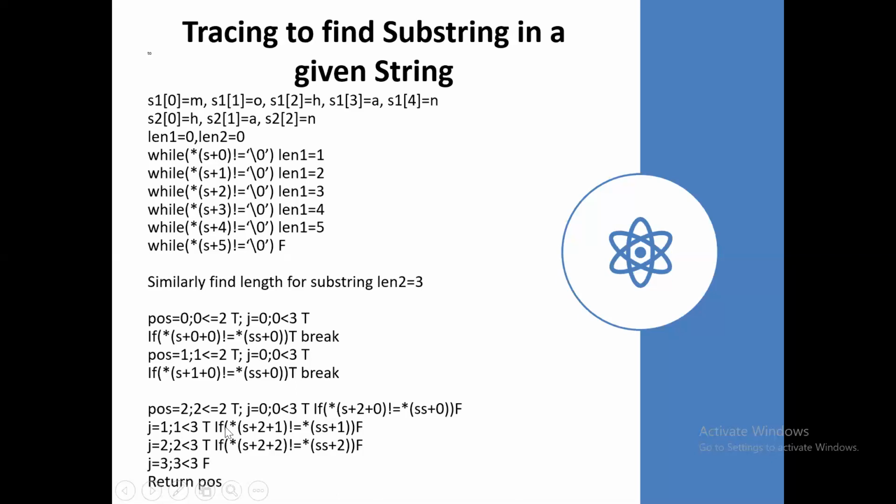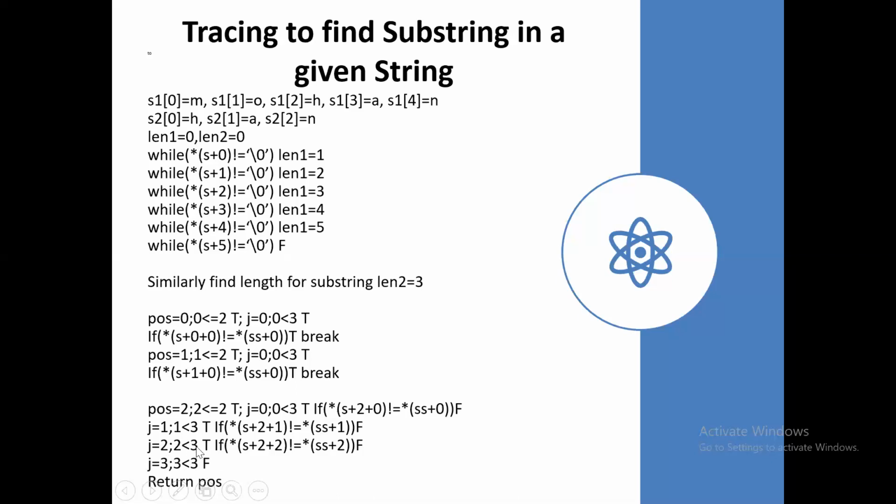J is incremented to 2, 2 less than 3, true. Star of s plus 2 plus 2 is s plus 4, pointing to n. Is n not equal to n? Again the condition is false. Now j is incremented to 3, 3 less than 3 is false, so it immediately comes out of the loop.